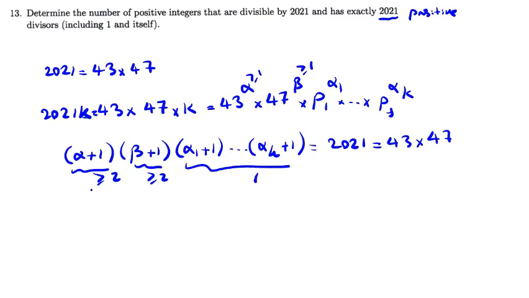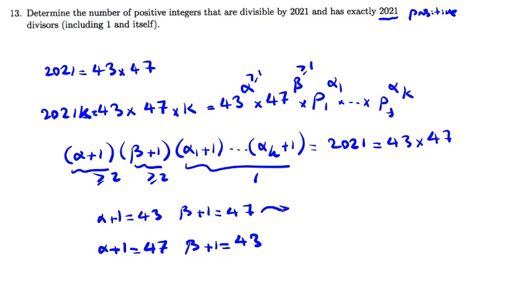So one case is that alpha plus 1 is 43 and beta plus 1 is 47, or alpha plus 1 is 47 and beta plus 1 is 43. For the first case, our number will be 43 to the power of alpha, which is 42, times 47 to the power of beta, which is 46.